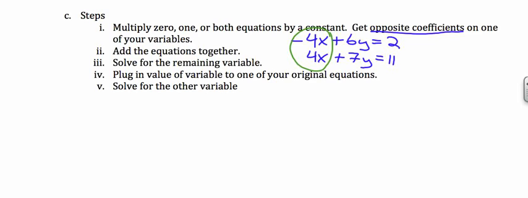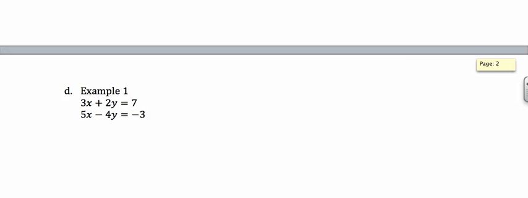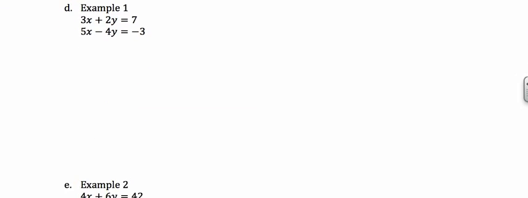Once you do that, the rest is pretty easy. Add the equations together, solve for a variable, plug in, solve again. Okay, it'll be very similar to substitution at that point, the process of finishing things up. Okay, so I'm going to jump right into it. Some of these steps probably don't make sense right now, and that's definitely okay. So looking here, I need opposite coefficients.